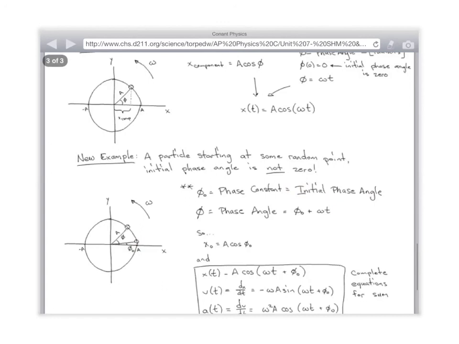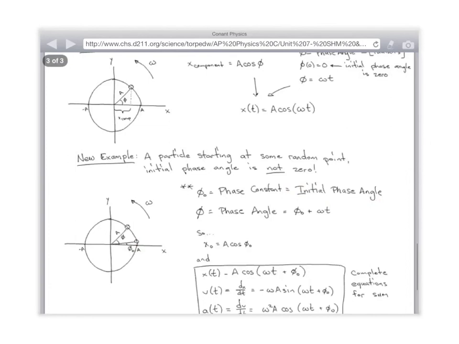Right, and then on the other end, it's like waning gibbous, then waning quarter moon, then waning crescent, and then new moon again. That. Phases. Phases have to do with something that goes in a cyclical pattern. All right, so we call it phase angle because it's the angle going in a cycle. So the initial phase angle is also known as the phase constant.